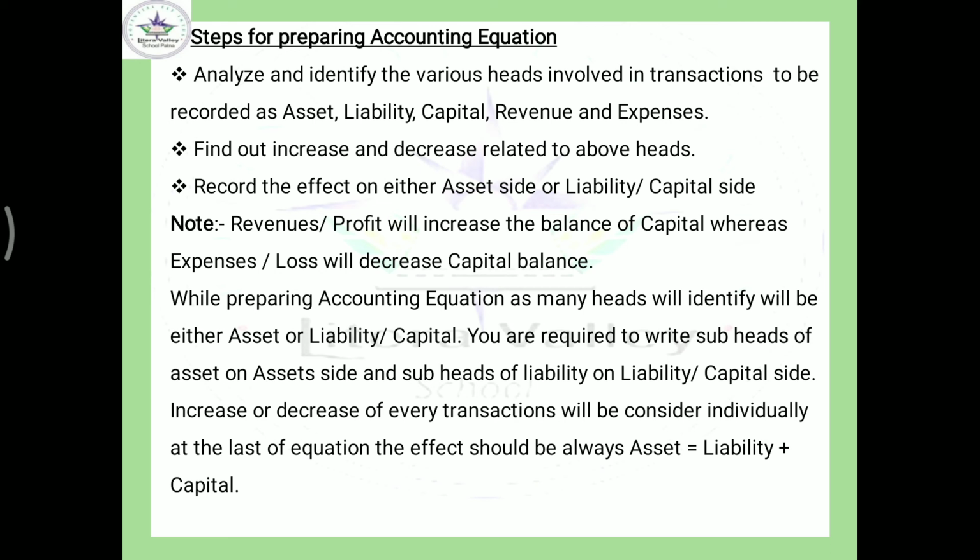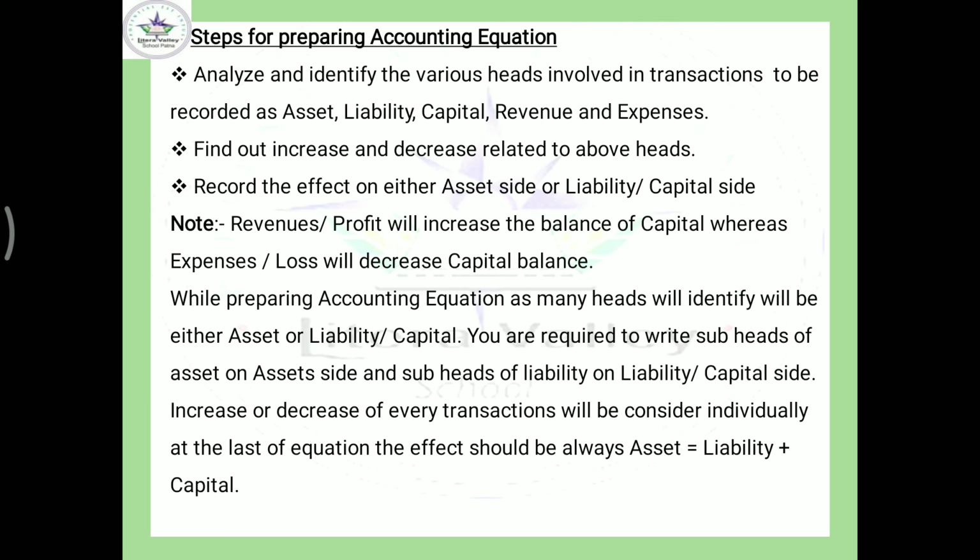For example, cash is an asset, bank is an asset, debtor is an asset, stock, machinery, furniture, land, building are also assets. Whenever you find one in a transaction, you have to note it, because every individual subhead's increase or decrease will be added or deducted in that individual subhead only. The overall effect will be in asset. It is very important.